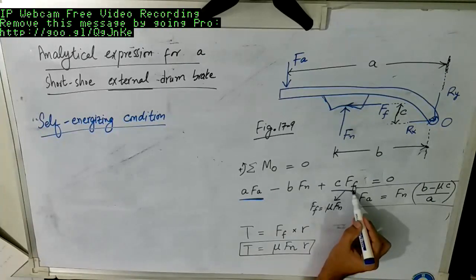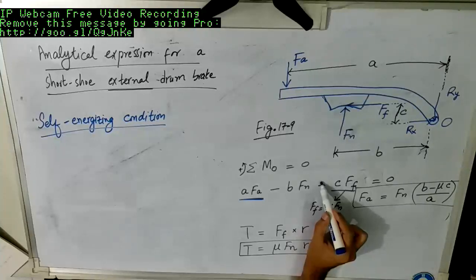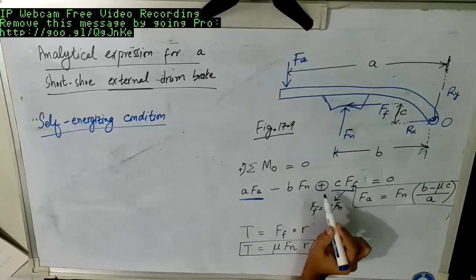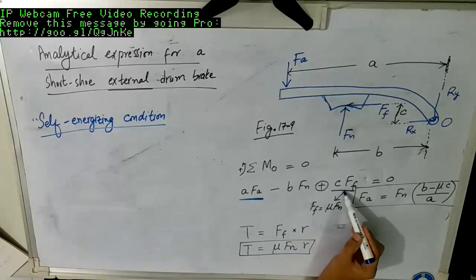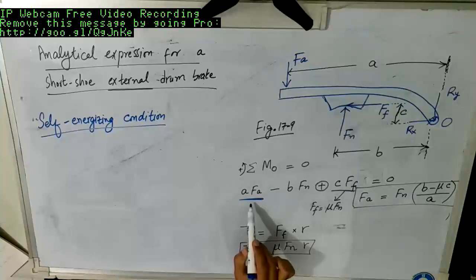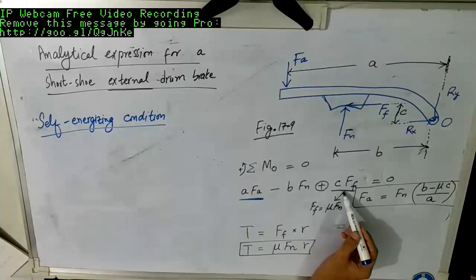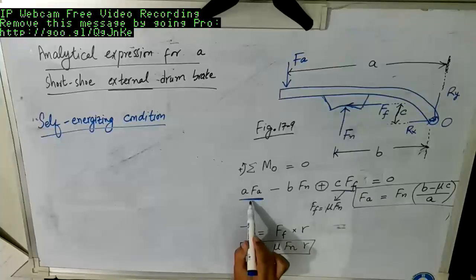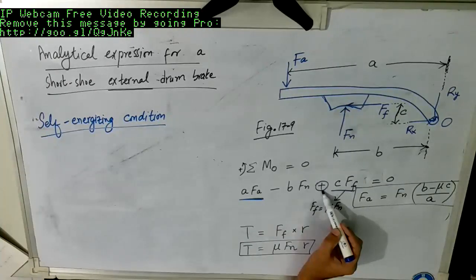And this frictional force is actually being added to the applied force because we have a plus sign here. So when the frictional torque is acting to increase the applied torque, this condition is known as the self-energizing condition. The frictional torque is helping the applied torque because it is being added here.